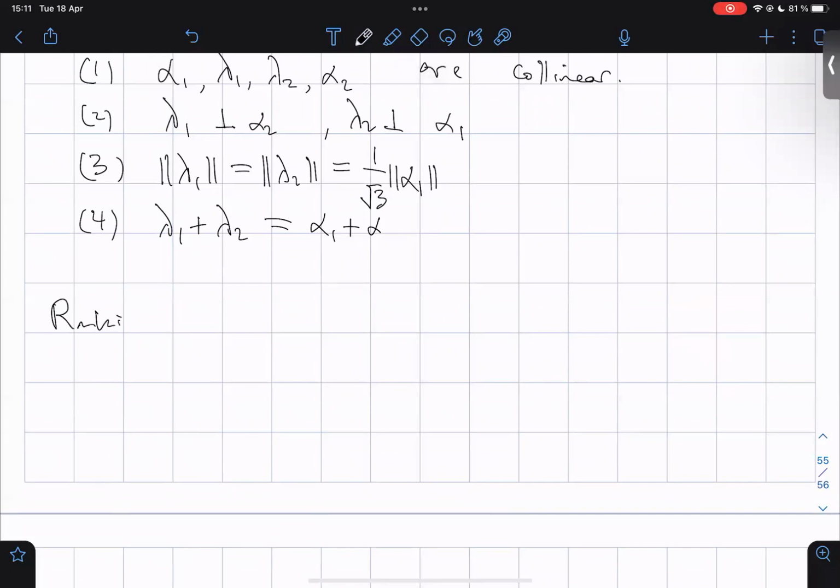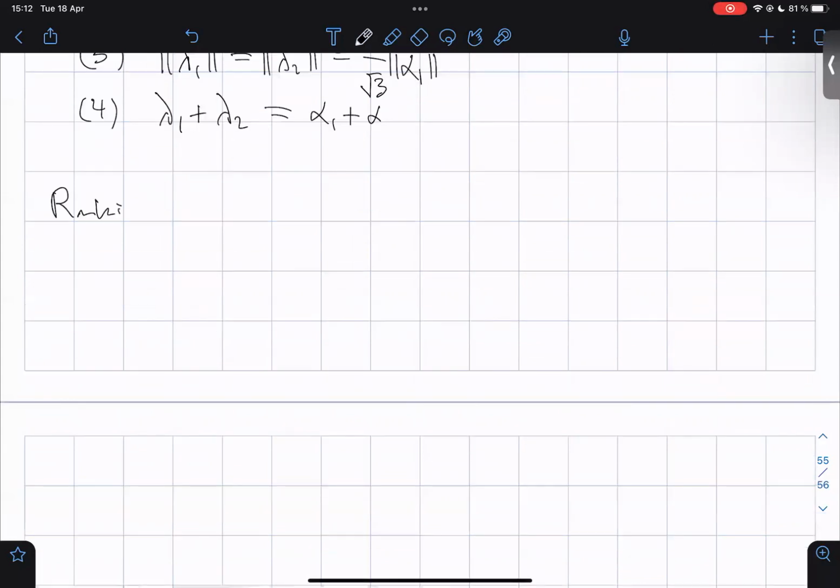Lastly, this transition matrix allows us to convert components from one basis to the other. So if I have a linear combination m_i alpha_i, I could make substitution of alpha i as Cij lambda j. So you're converting these m_i components in one basis to these new components in the new basis.